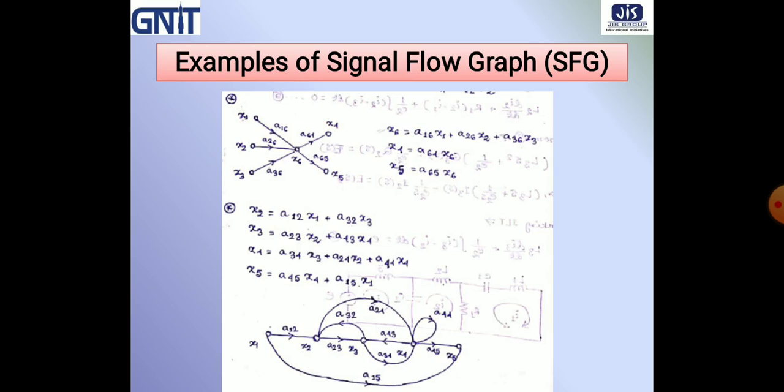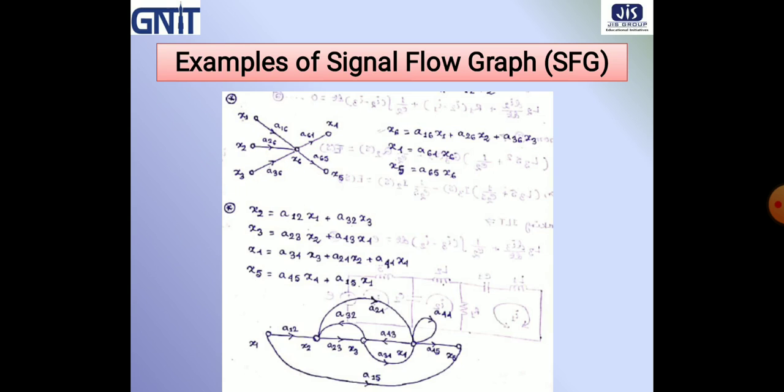Now suppose if we calculate the value of x6, then we have to see the number of branches connected with the node x6. Here from x1 one branch, from x2 one branch, and from x3 another branch. These three branches are connected with x6, but these two branches are the outgoing branches from x6.